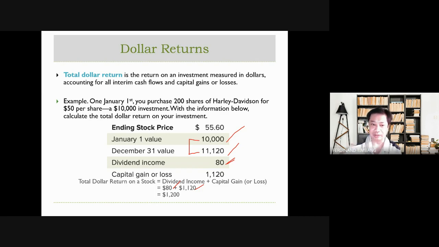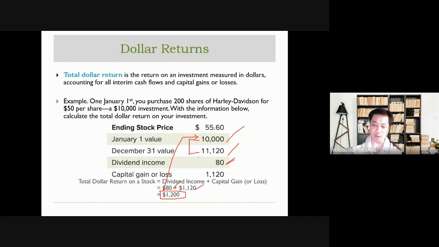So diretso ko na, class, ha? Now, since the investment made is 10,000, if you want to get the return in percent, you simply divide yung 1,200 against the 10,000. So that is the total dollar percentage return naman.